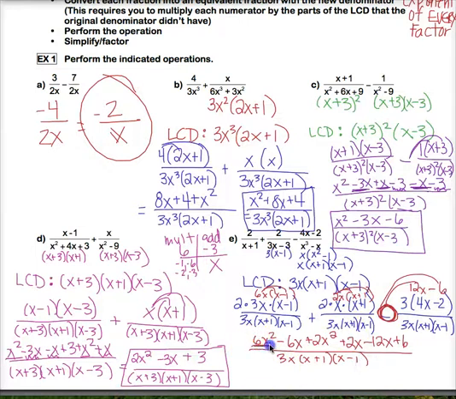So like terms, x squared. So that gives me 8x squared. Then x's. So I've got negative 6 plus 2 is negative 4, minus 12 is negative 16x, and then I've got my plus 6. Denominator, 3x times x plus 1 times x minus 1.